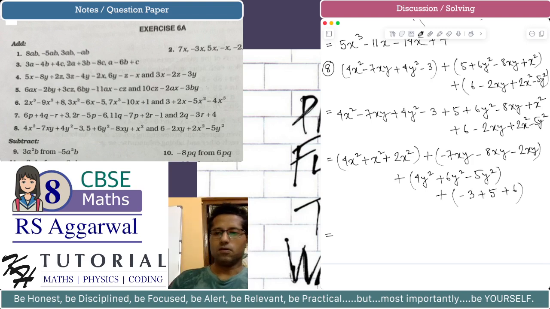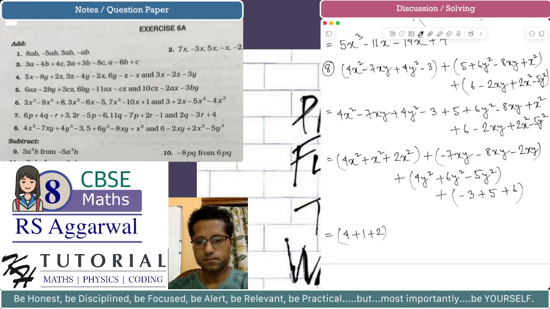Okay, now when we add the like terms, for the x square terms we get 4 plus 1 plus 2 x square. For the xy terms, we have minus 7 minus 8 minus 2 xy.